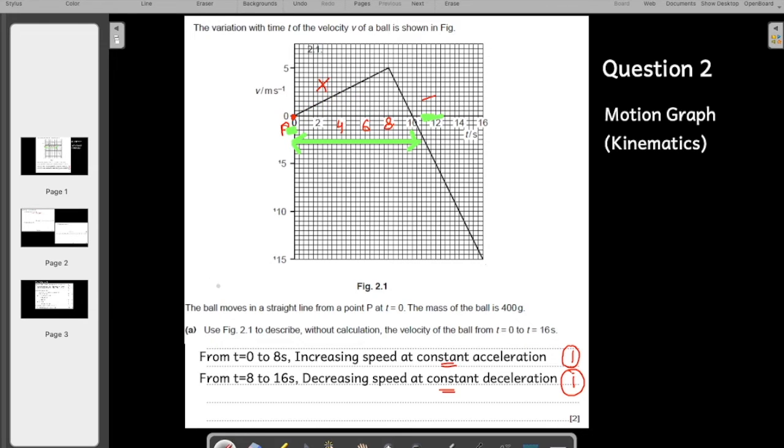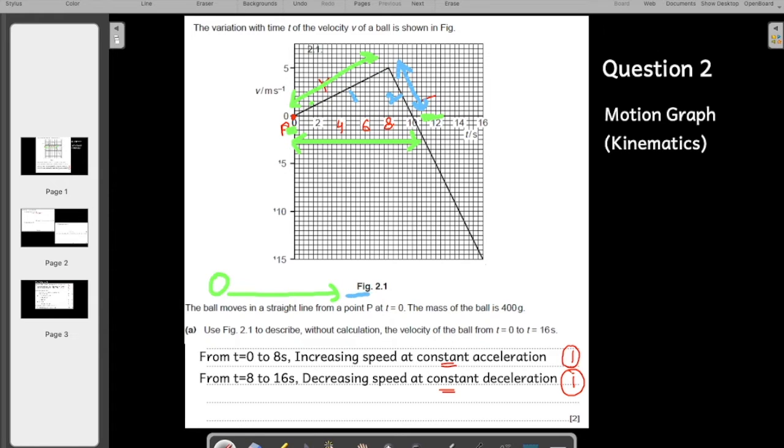If this is your ball, let us draw the ball. It is moving ahead initially with a fast increasing speed. It is moving ahead, and then for the second part of the graph as well, I am talking about this one part and the second part which I am marking with 2 arrows.